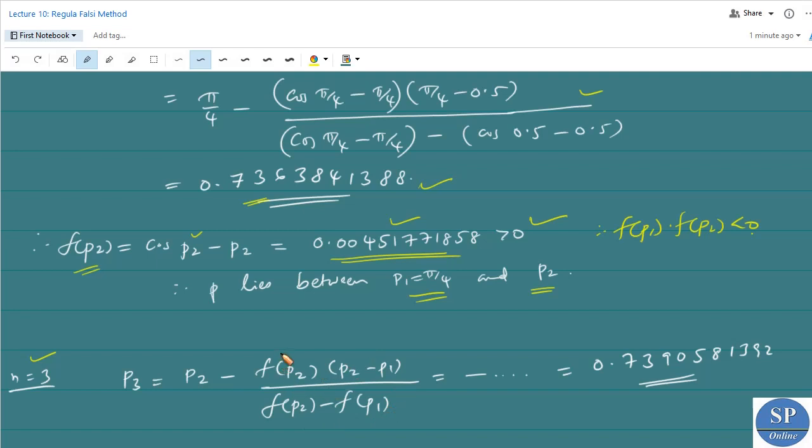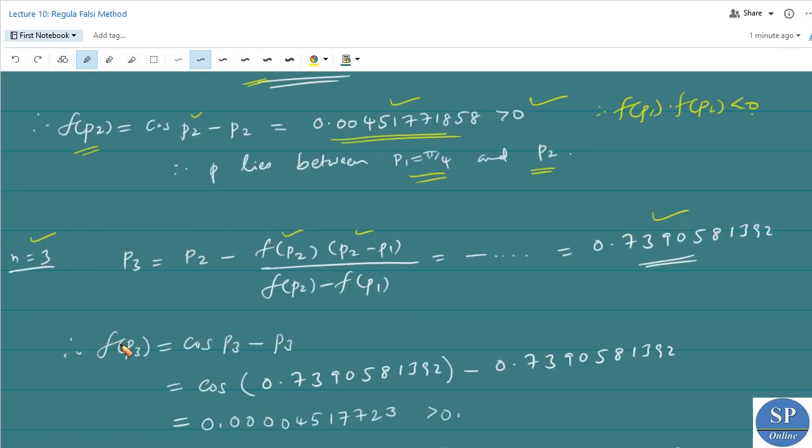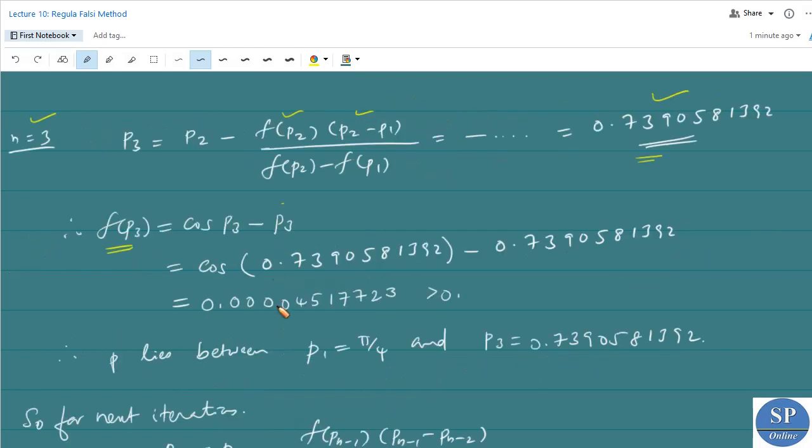Replacing these values in this formula, we get the value of P3 as 0.7390581392. Now finding f of P3, we have f of P3 is nothing but cos P3 minus P3, that is cos of this minus this, because we have obtained P3 equal to this. By calculation we get this value as f of P3.